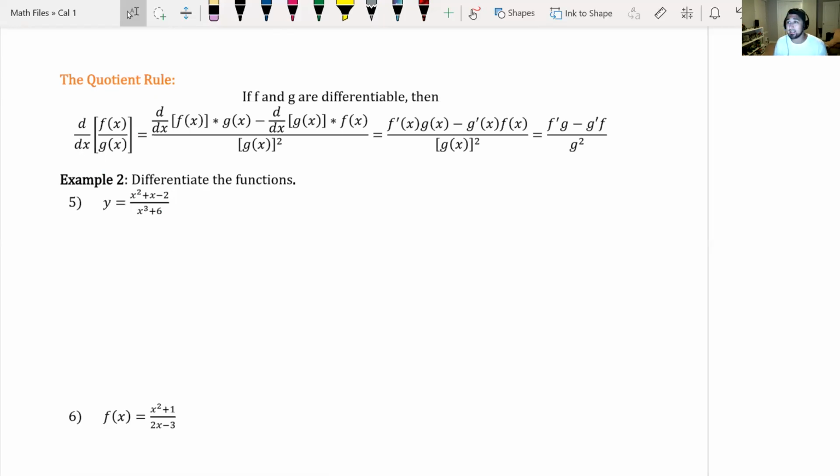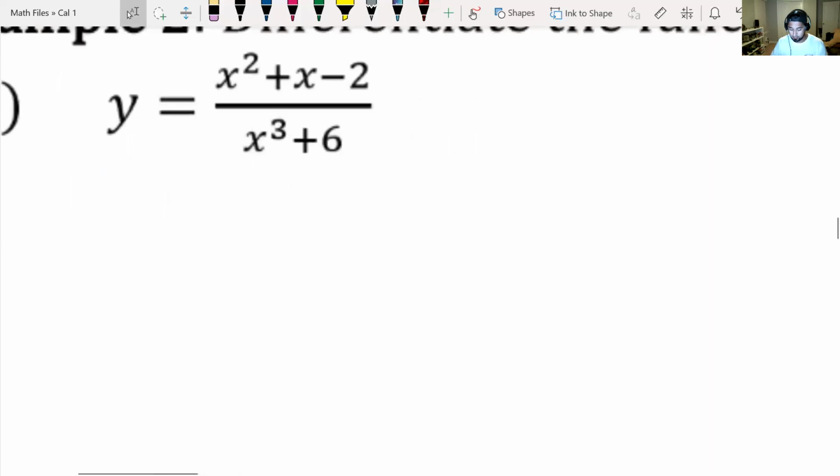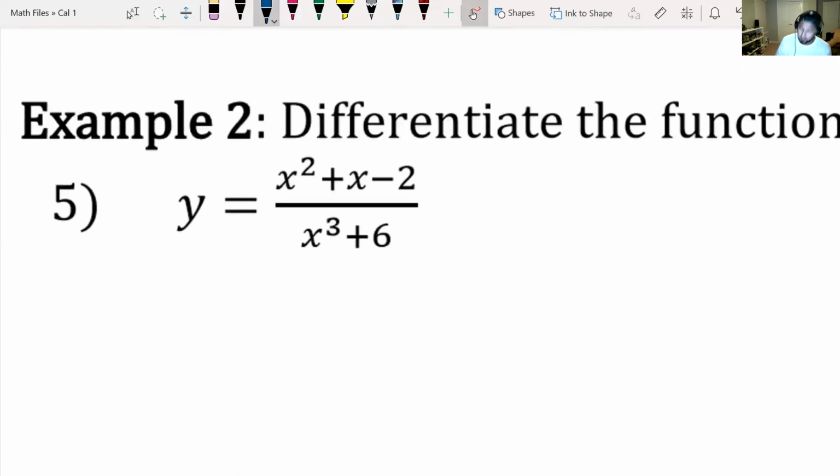We're going to do the exact same thing we did for the product rule. Label your f, label your g, take the derivatives, follow the formula. So here we go, number 5. All right, numerator is going to be f. Denominator is going to be g.